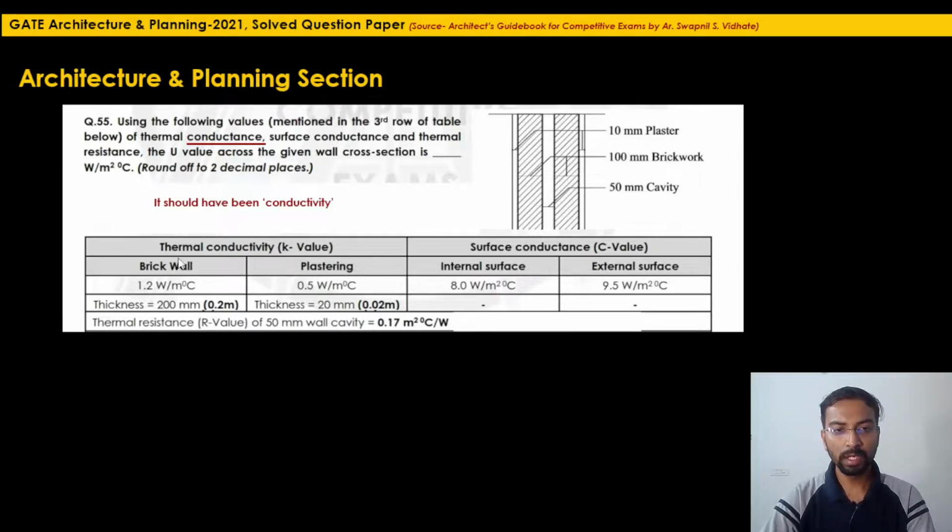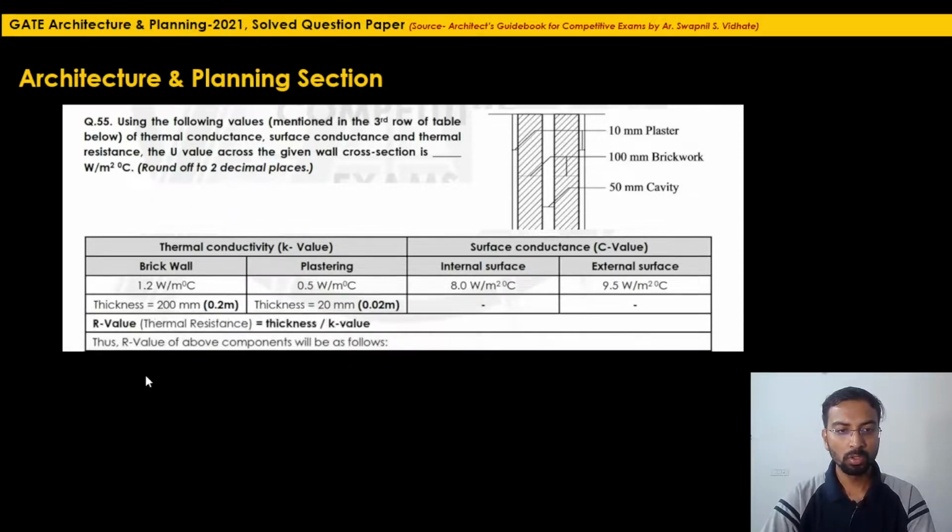First, we will identify the R value for this entire wall cross section. So what is the formula to identify the R value? If you have the K value, the thermal conductivity, the formula to identify the R value is thermal resistance equal to thickness upon K value.